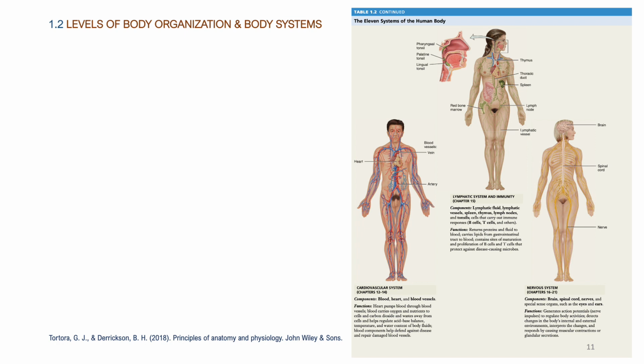The blood components help us defend against diseases and repair some of the damaged blood vessels. Next is your lymphatic system, or immune system. Your lymphatic fluid, lymphatic vessels, spleen, thymus, lymph nodes, and tonsils are the components of your lymphatic system. It contains the cells which carry out your immune responses, for example B cells and T cells.